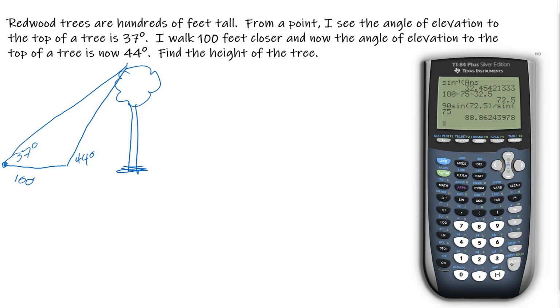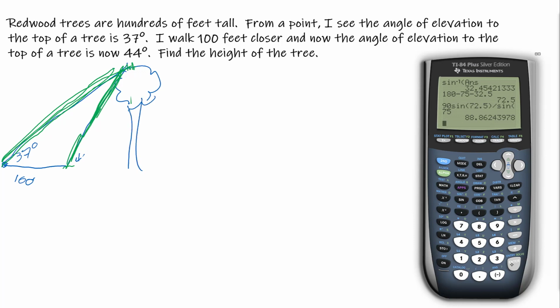Now we're going to have to do this in a couple of steps. First, what we're going to do is figure out what this side or this side. We've got to figure out what one of these two lengths is. Doesn't matter which one we want to. Then we'll use that and whichever of the two angles we used to come up with this height, because this will be considered a right triangle once we get started. But for now, we don't have the right triangle. We just have this triangle.